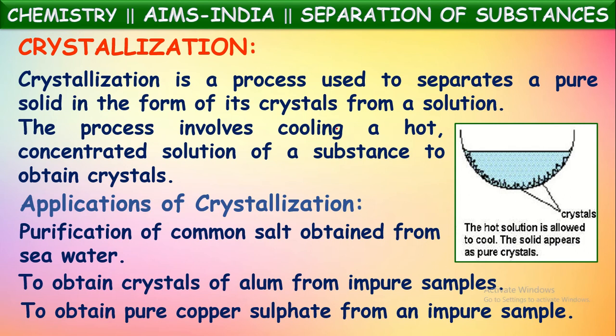Copper sulfate is also separated from impurities by the process called crystallization. What is happening in the crystallization process? The dissolved solid substance on cooling slowly crystallizes. Those crystals will be separated later. That process is called crystallization.